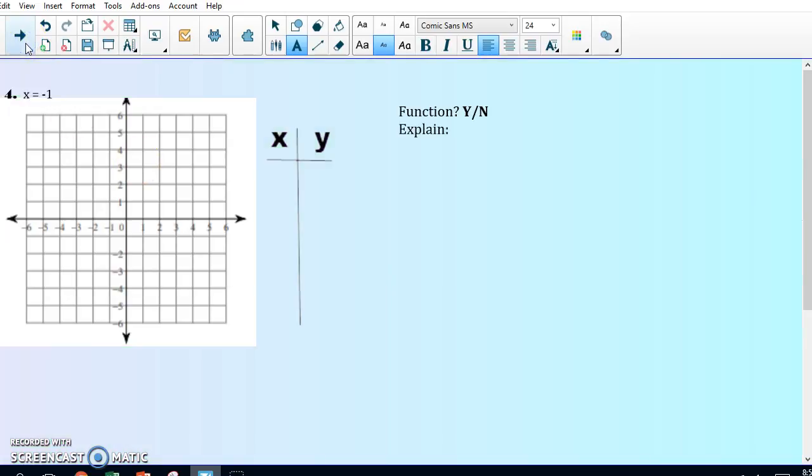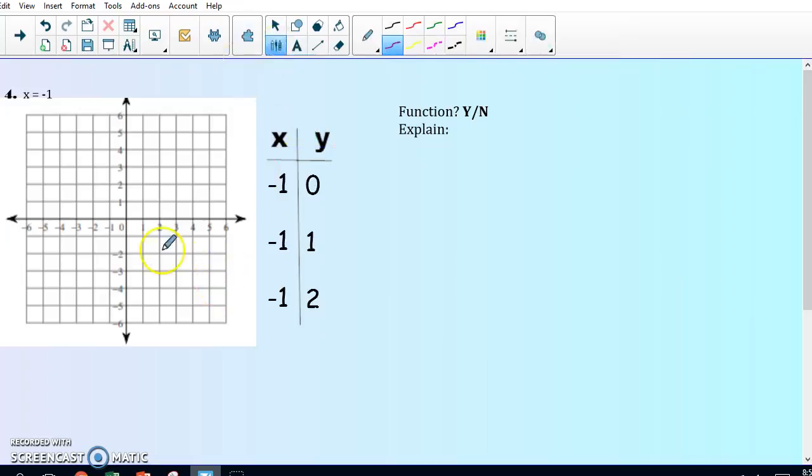With example 4, we have x equals -1. Because we know that x equals -1, on my table, my x values I can plug in are -1. Now, I can plug in any y value also. So for y values, let's say we have 0, 1, and 2.